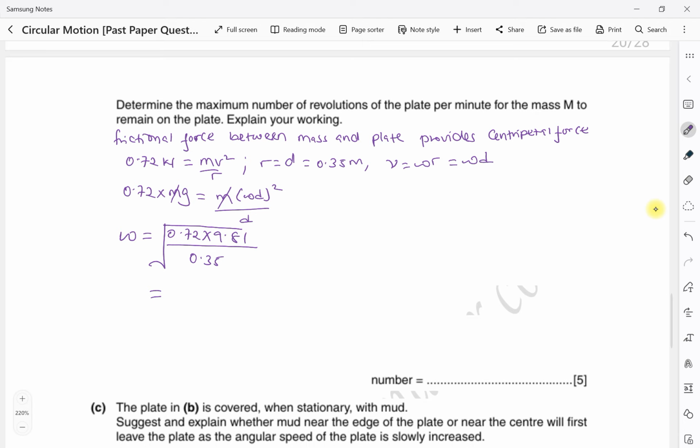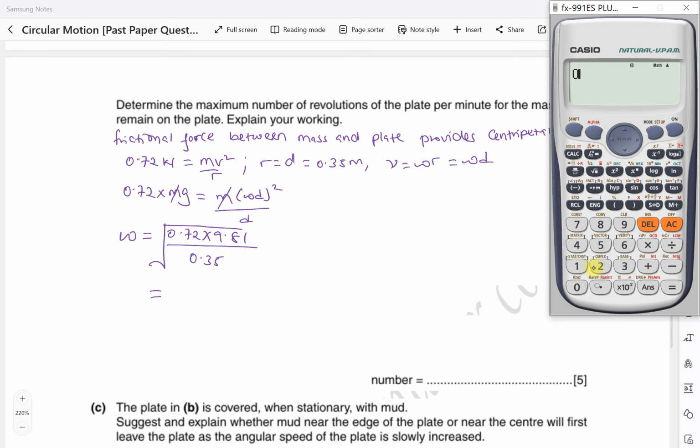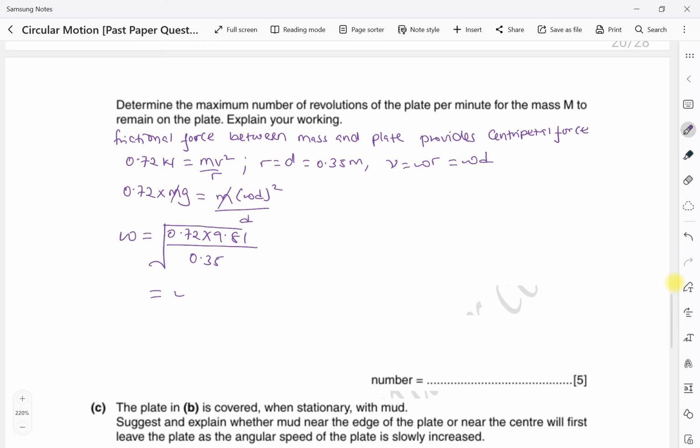So I'm going to press my calculator to get omega: 0.72 times 9.81 divided by 0.35, square root. So omega is 4.49 radians per second. Now we want the number of revolutions per minute.